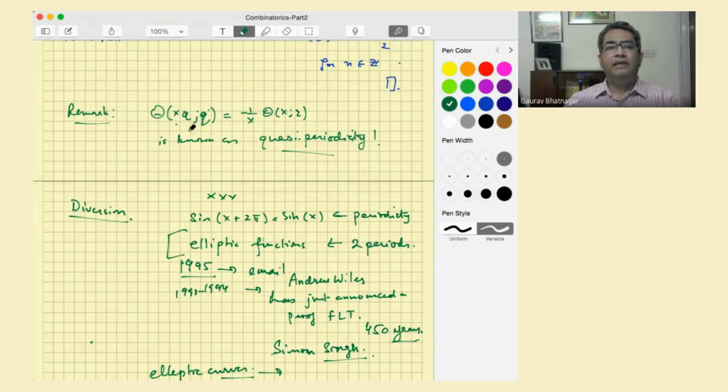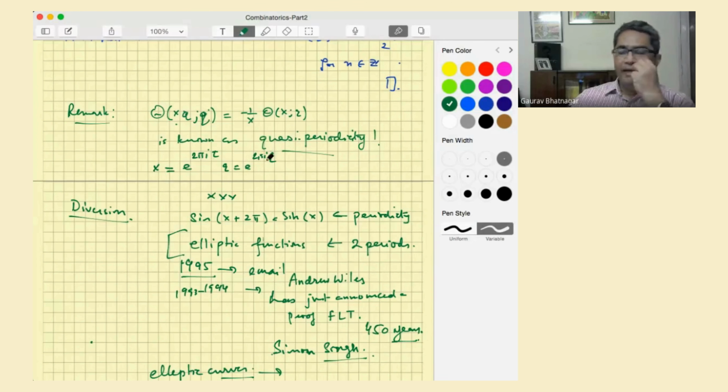I get the same thing. That certainly makes sense if you look at x equal to e raised to 2 pi i tau, and q equal to e raised to 2 pi i something. Right? So then the product becomes a sum, and you basically get periodicity and an elliptic function.